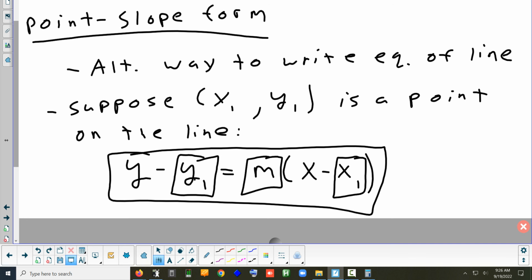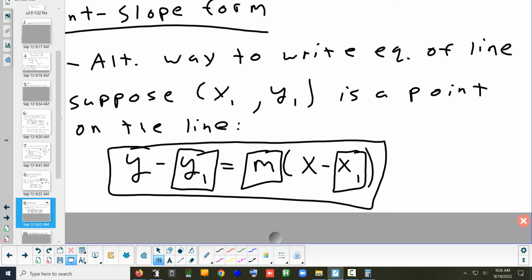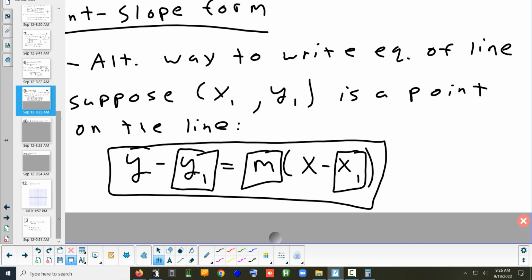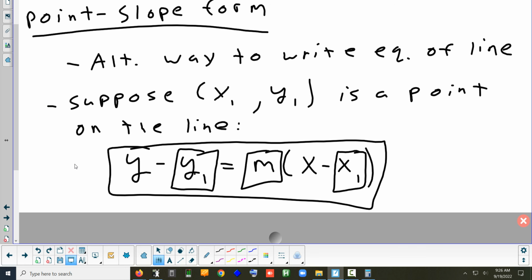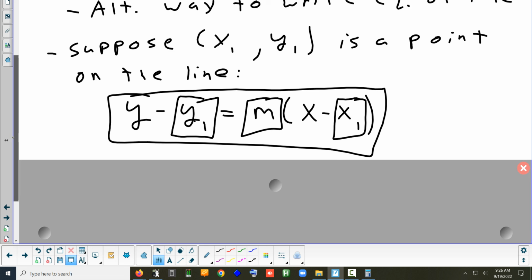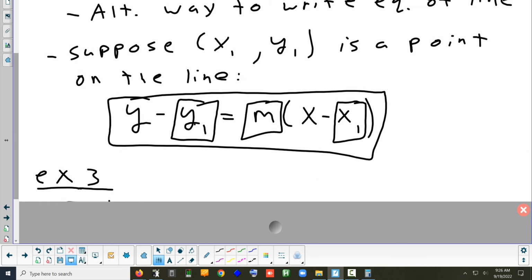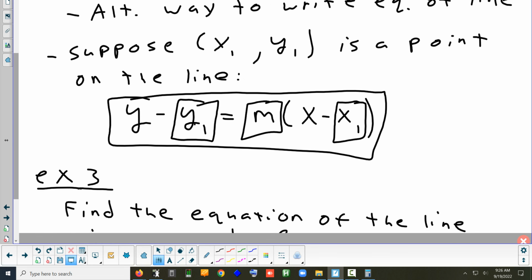The x1 and the y1 is a coordinate, and the m is your slope. So let's try an example where we're given a point and a slope, and we'll use that formula to write the equation of the line.